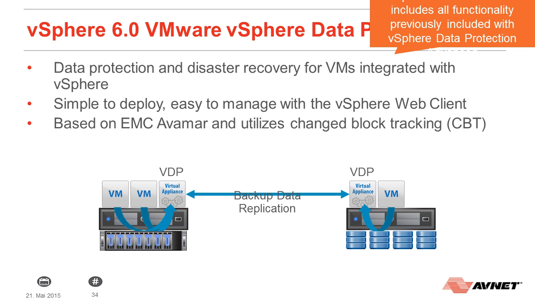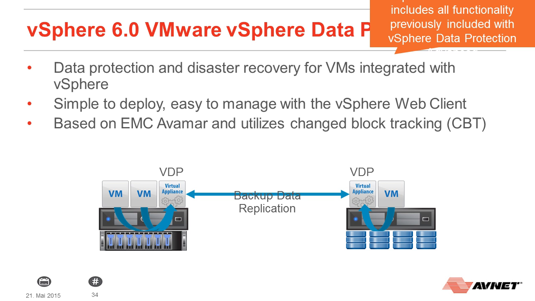So if any of you have been using vSphere data protection, the big change here is that data protection in vSphere 6 now contains all the features and functionality that had been part of vSphere Data Protection Advanced in previous versions.